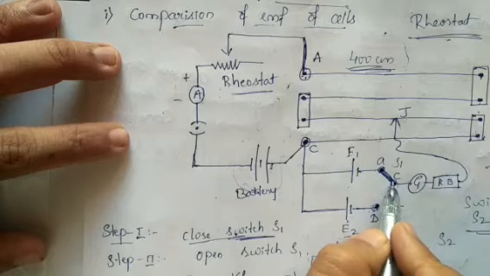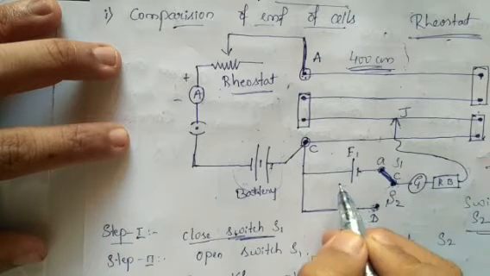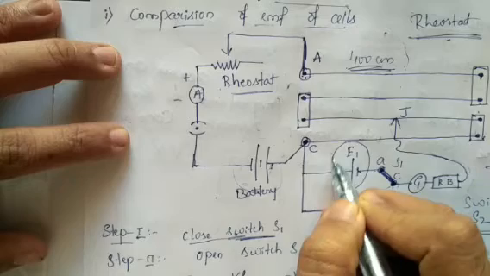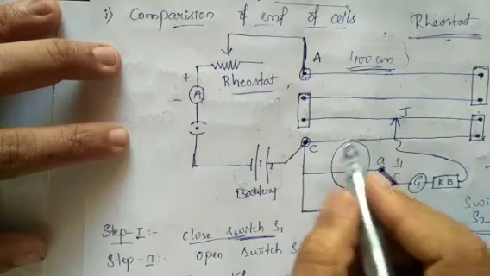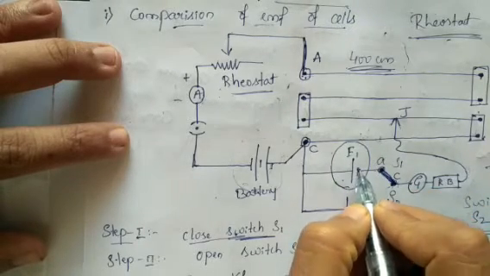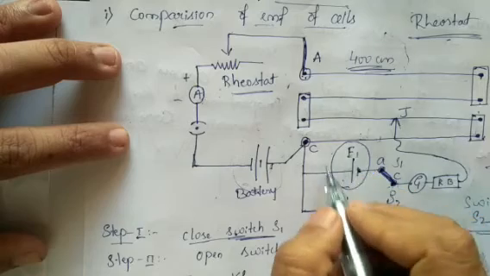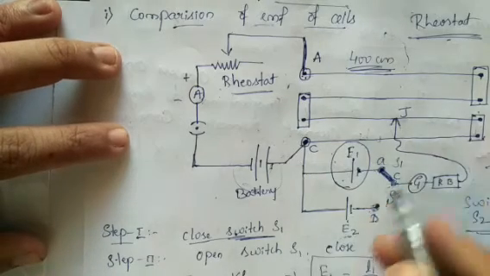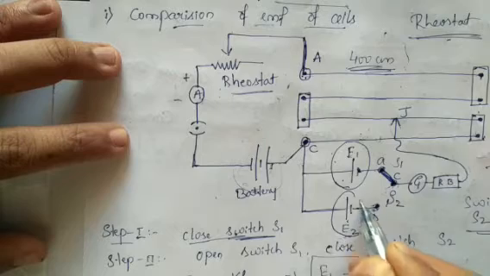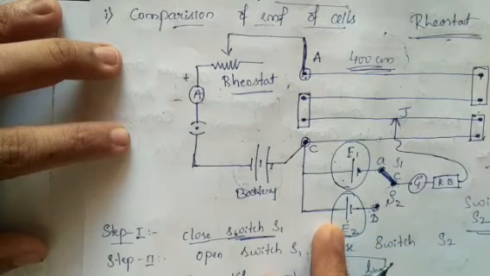If only switch S1 is closed like this, what happens? E1 is in the active case. The EMF of the first cell in the given circuit is in the active condition, whereas the second cell in the circuit is in the inactive state.